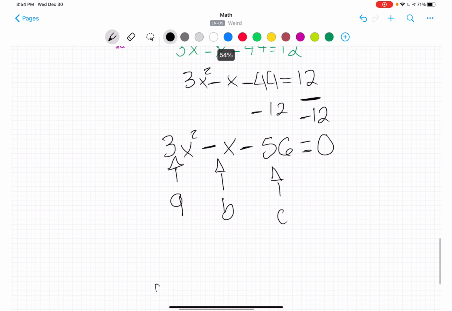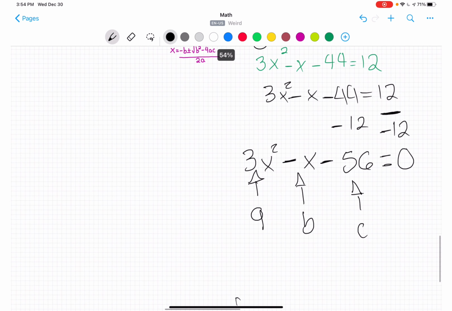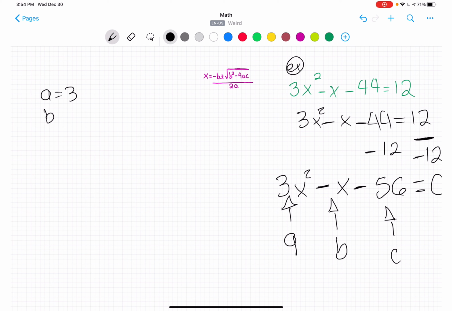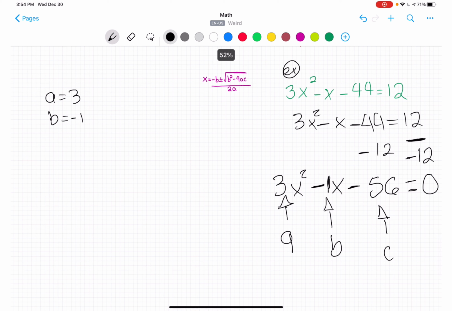So now we know the values. a equals 3, b equals negative 1, because it's a negative x, so there's an imaginary 1 right there, and c equals negative 56.